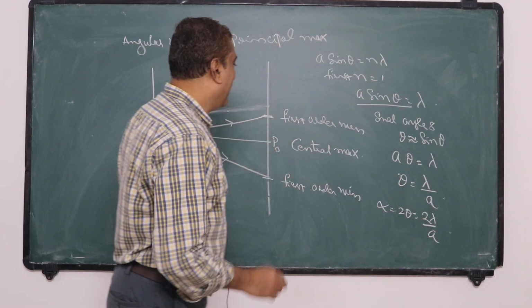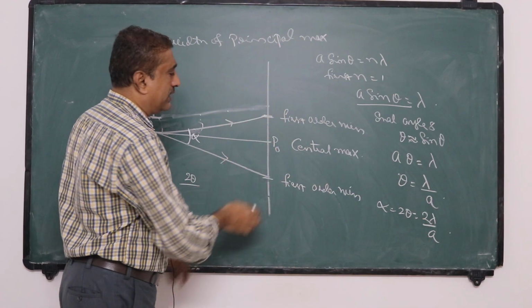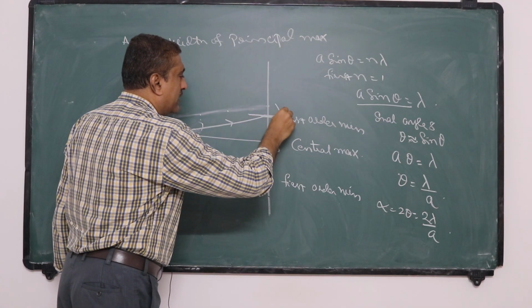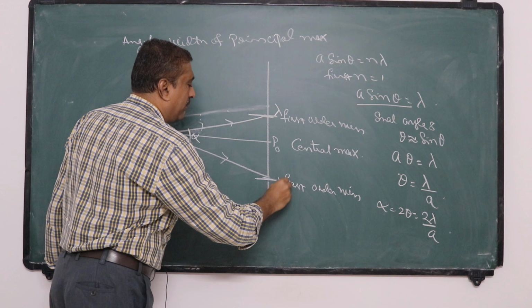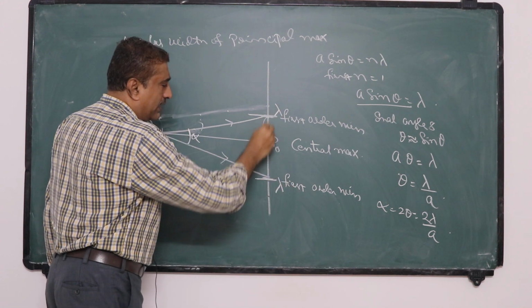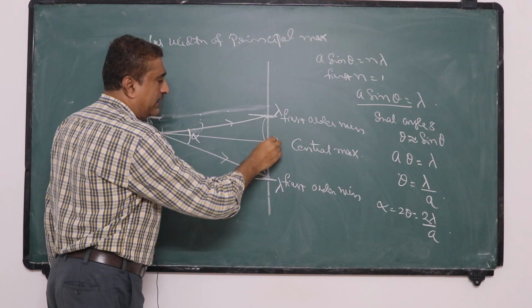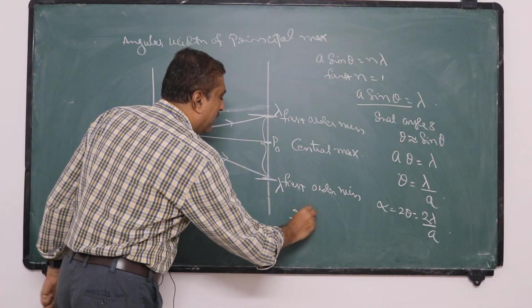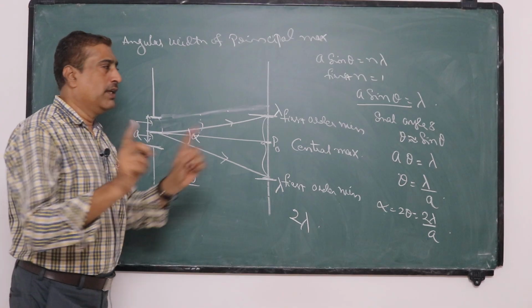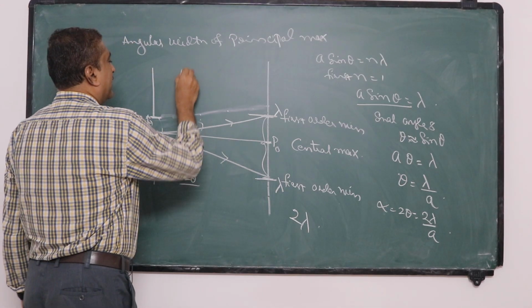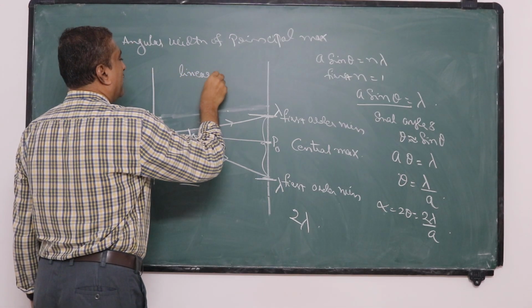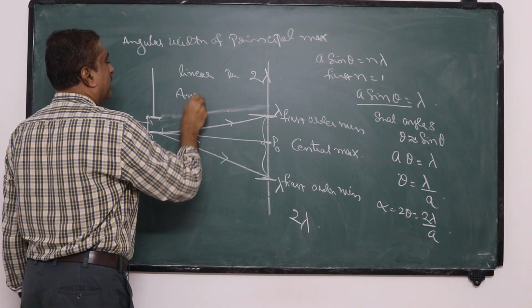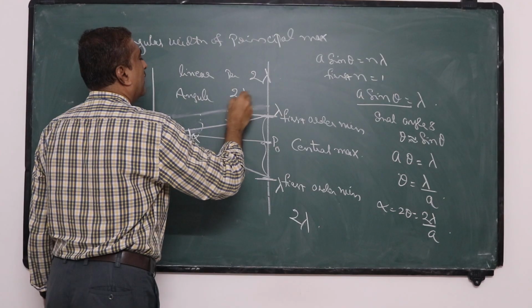Whereas the linear width of this central maximum, linear width means for this it is lambda and this is lambda. From this point it is lambda, from this point it is lambda. So 2 lambda is the linear width. So you have to remember that the linear width of the principal maximum is 2 lambda and the angular width is 2 lambda by a.